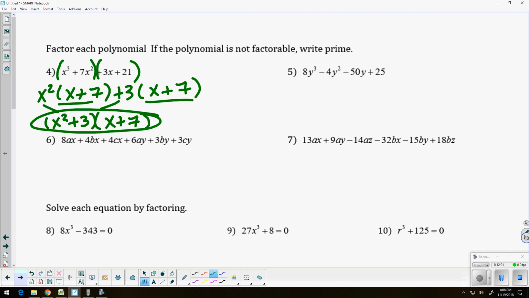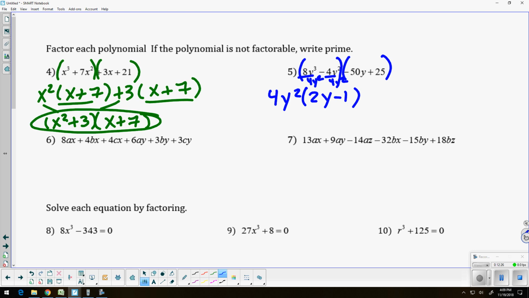Same thing for number 5. Just take out the GCF between the first 2 and the last 2. The GCF between 8y cubed minus 4y squared, you could take out a 4 and a y squared for both. If you divide each term by 4y squared, this is what you'd have left, just 2y minus 1.